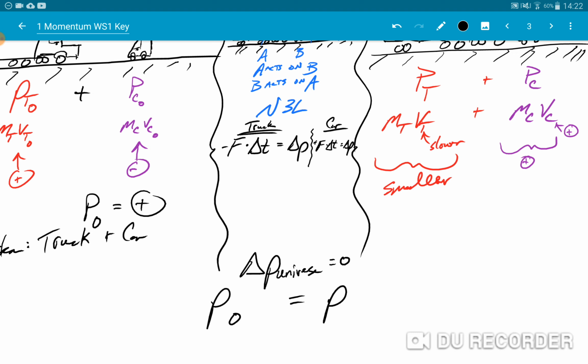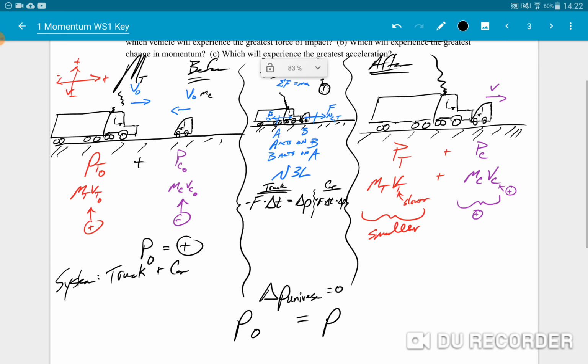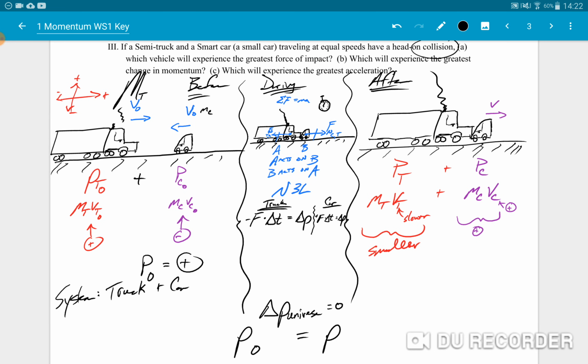Okay, so how did this happen? Let's talk about how momentum transferred here. The truck was moving to the right, and had a huge amount of momentum because it had a huge mass. The little car was moving to the left, and had some momentum, but a lot less because it had a much smaller mass, even though they're both going the same speed. They run into each other, they push on each other, and afterwards the truck isn't moving as fast to the right. Where did that motion go? Oh, that momentum went into the car.